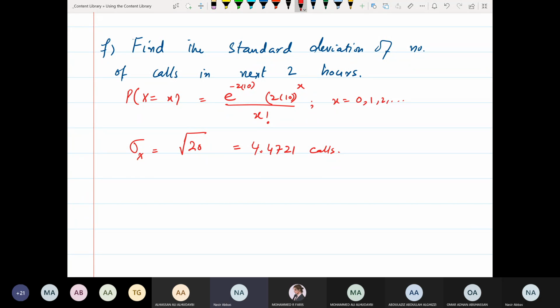The unit of X is calls. 0 call, 1 call, 2 calls, 3 calls. What will be the unit of sigma? Calls. Same calls. What will be the unit of sigma square? Variance. Call square. Any question from the Poisson distribution? This is Poisson distribution.